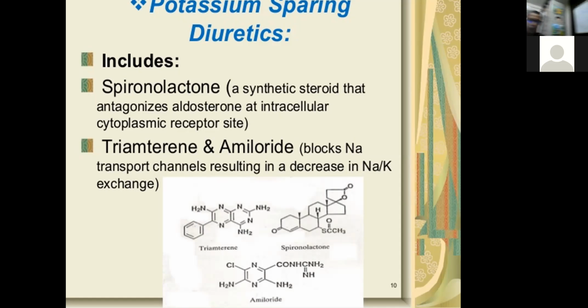So let's see the structure of your potassium-sparing drugs. That is your amiloride. I'll go for amiloride first, followed by triamterene.